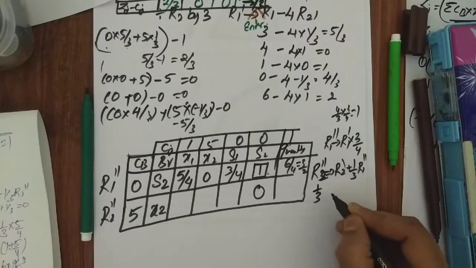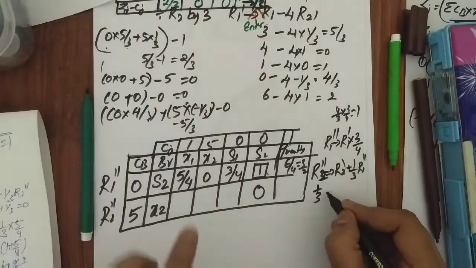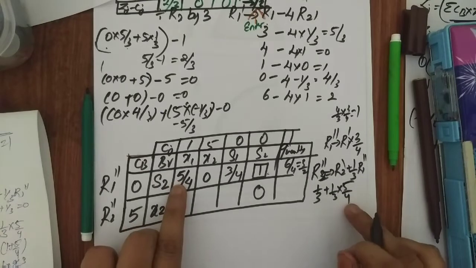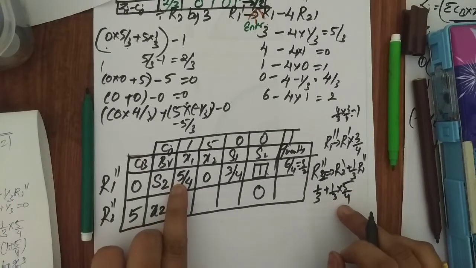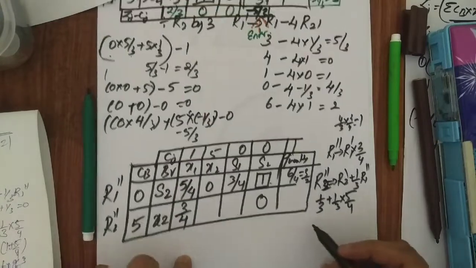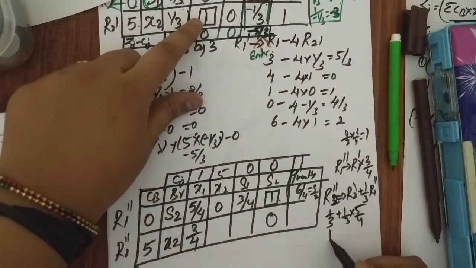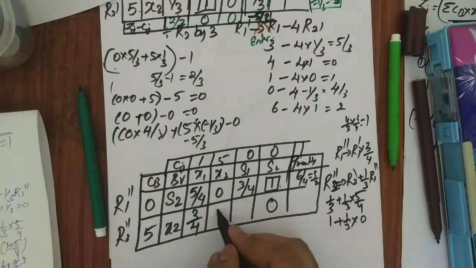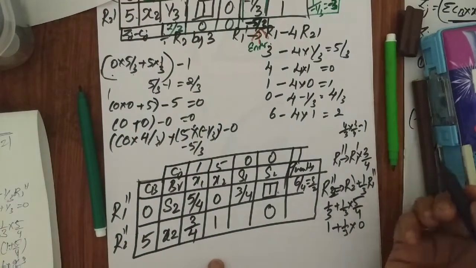So we have here 1 by 3. Okay, so 1 by 3 plus 1 by 3 into 5 by 4. Simplify it. So on simplification, we will be getting 3 by 4. Next, here I have 1 plus 1 by 3 into 0, so we will get 1 itself.